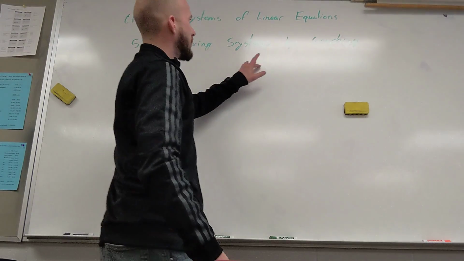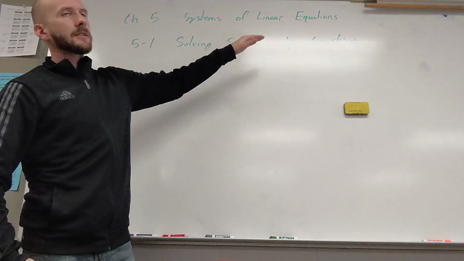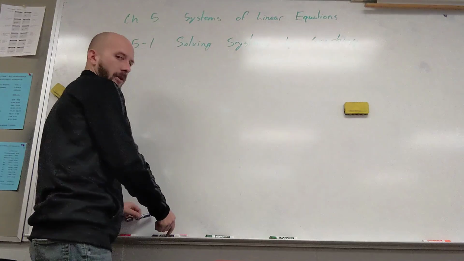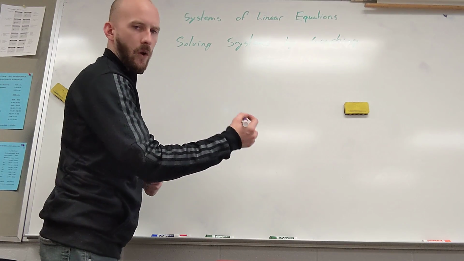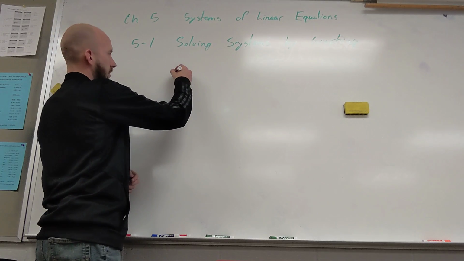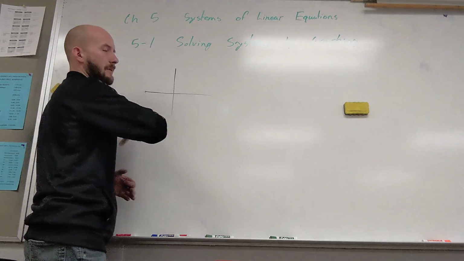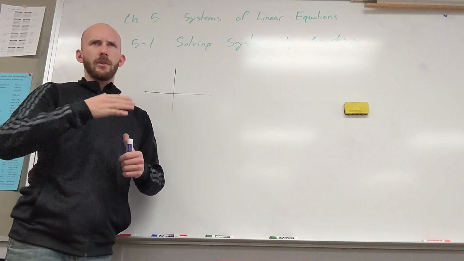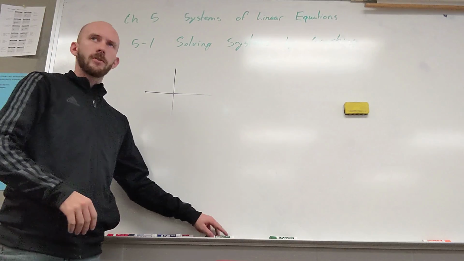Now we're going to move on to the graphing part. This is really what we're focused on. So, solving systems by graphing. Okay. So what I want to focus on here, I want you guys to sketch a graph. And it doesn't have to be very big. We're not going to actually graph exact points. I just want to sketch a couple lines and show you in general how this works.